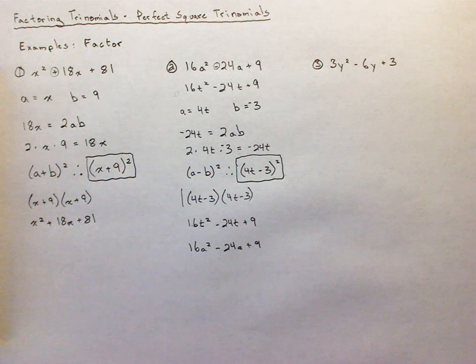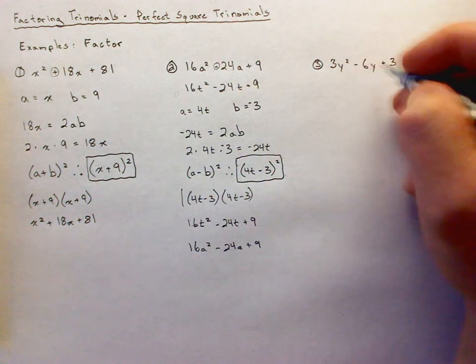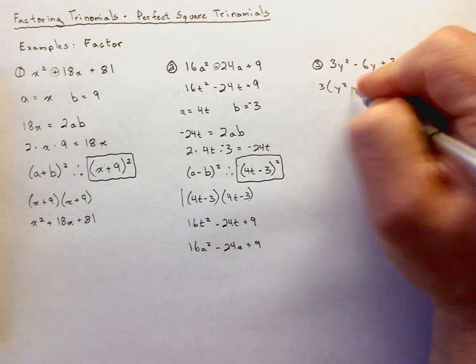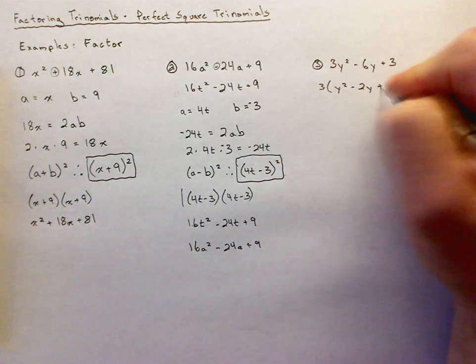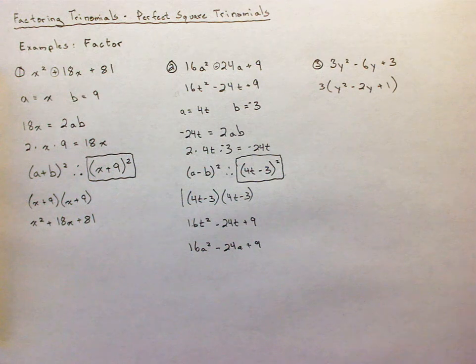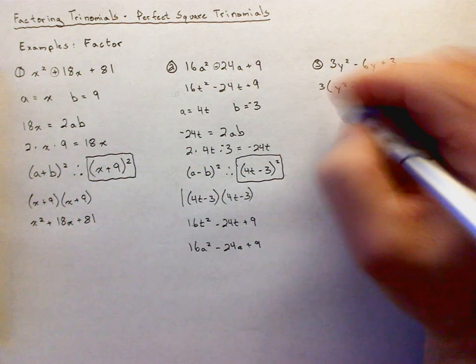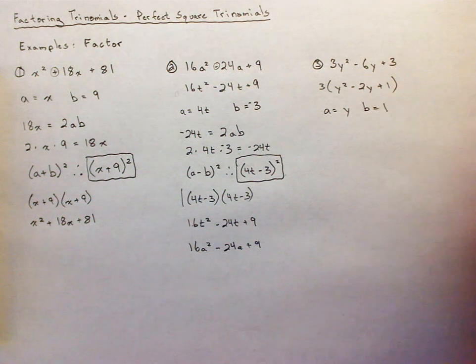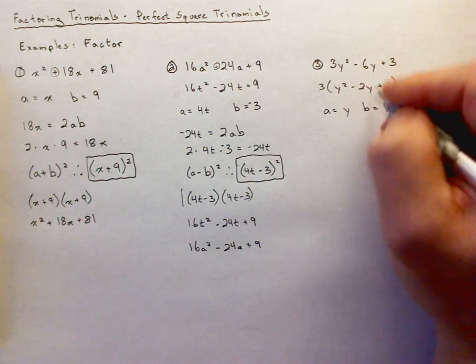Okay, last one. Last one, a little tricky. Hopefully you got it. First thing I will do is factor out a 3. Now this is what I'm going to look at right here. A equals y, b equals 1. I need to look at this.